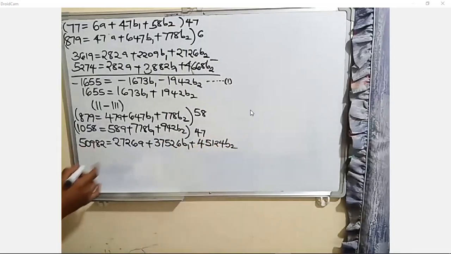So let us go to the last one. 1058 times 47. How much are we getting?